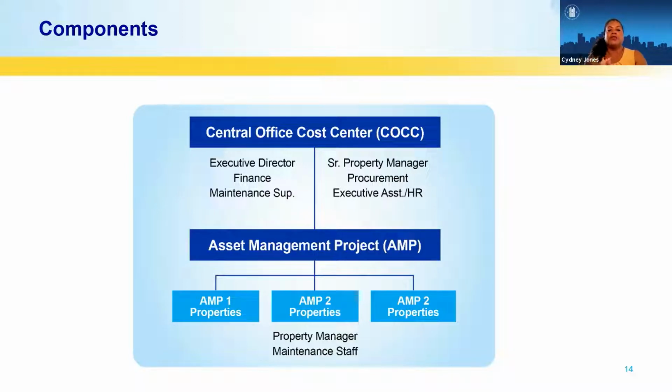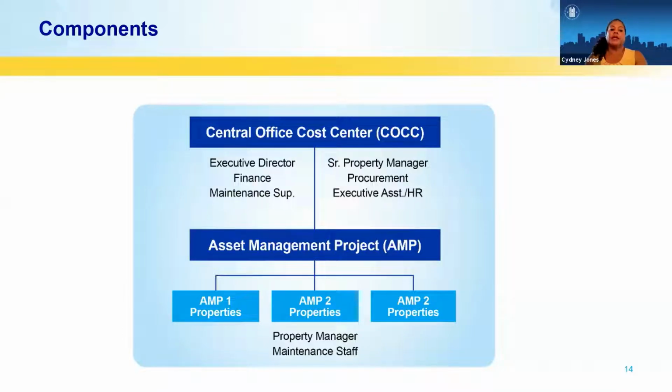So the PHA's central office, what we call the Central Office Cost Center, or COCC, provides the property management, funding, budgeting, accounting, and maintenance services. And maintenance has to be decentralized. We'll talk about that a little bit as well. But the Central Office Cost Center manages that money, and there's now a separation between the Central Office Cost Center and each individual asset management project, or what we refer to as an AMP.